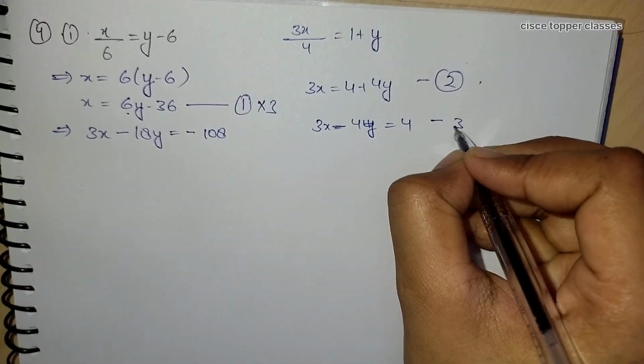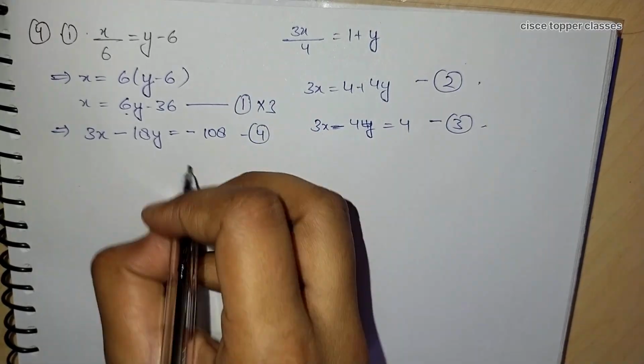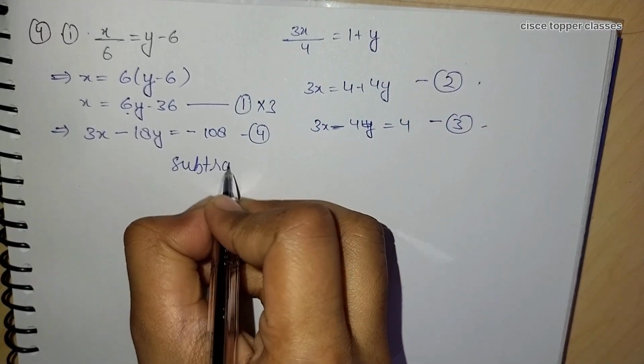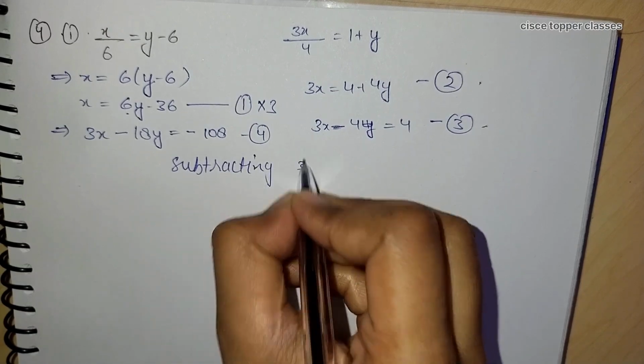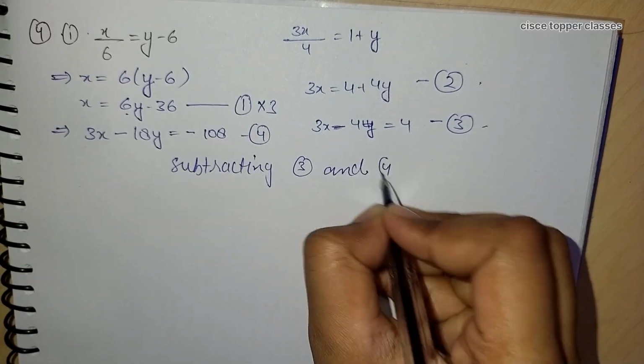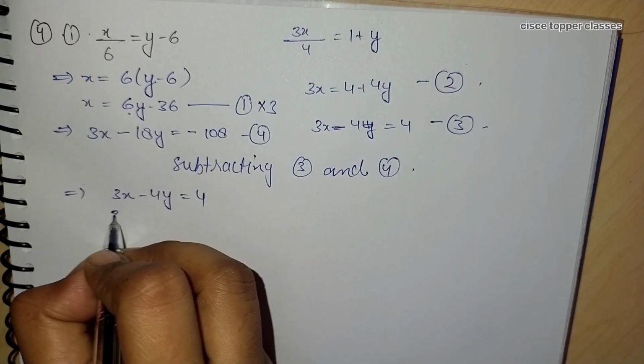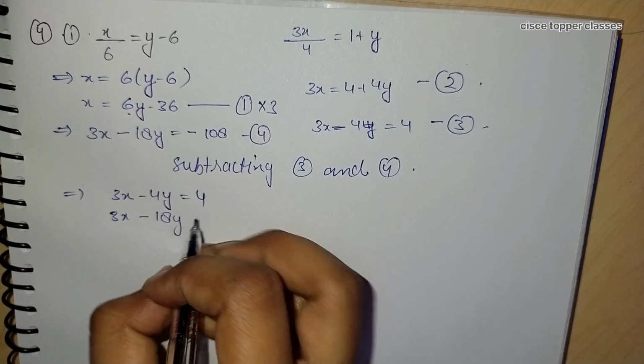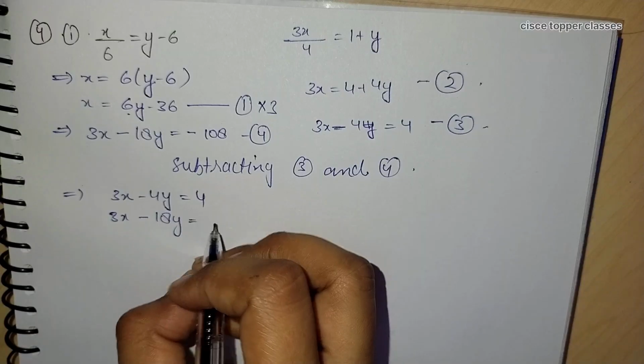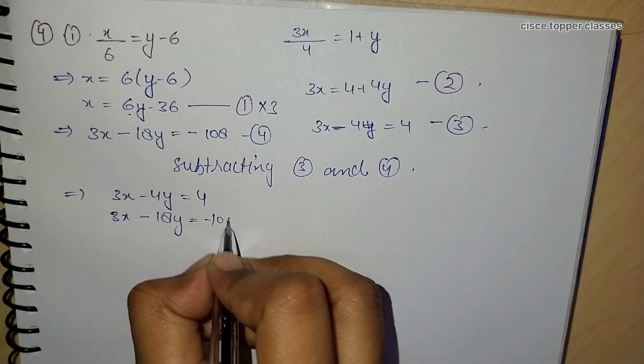Let these be the third and fourth equations. On subtracting the third and fourth, we have 3x minus 4y equal to 4 and 3x minus 18y equal to minus 108.